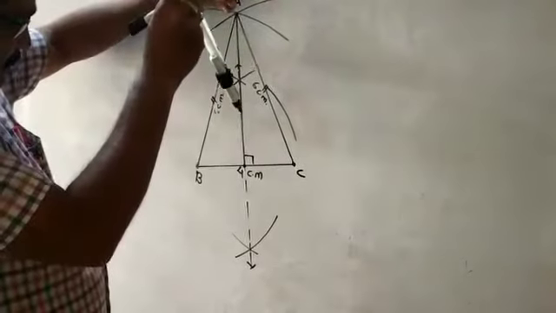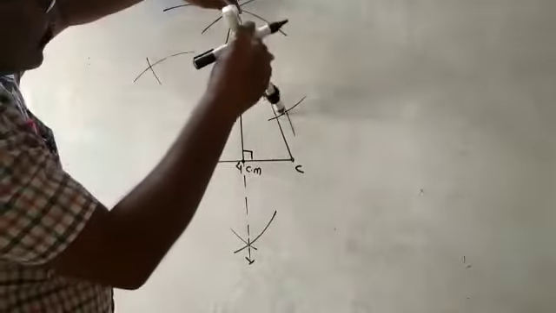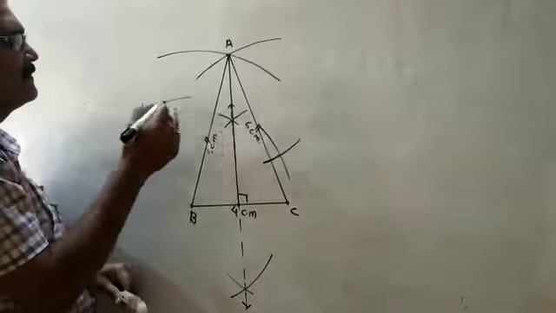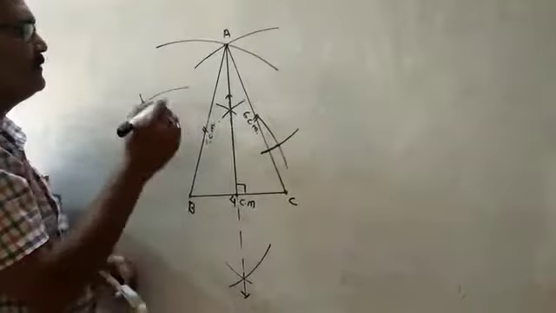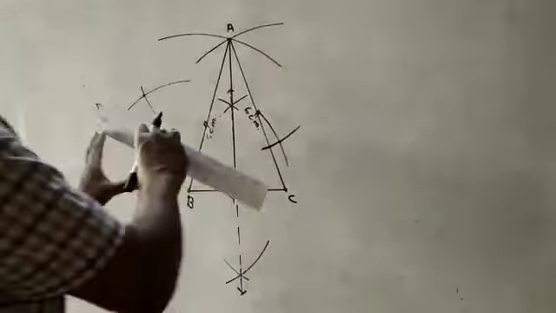In the same manner, you have to keep the pointer on A and make the arc to both sides. So you have to join these points by the scale, first of all, like this.